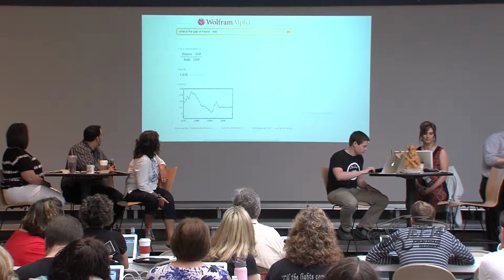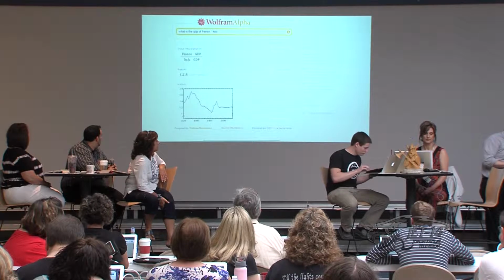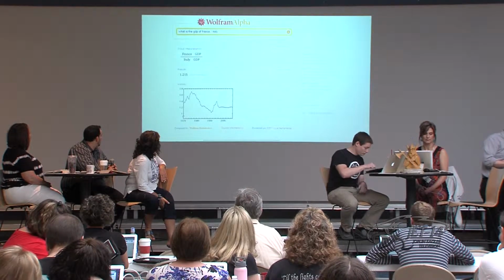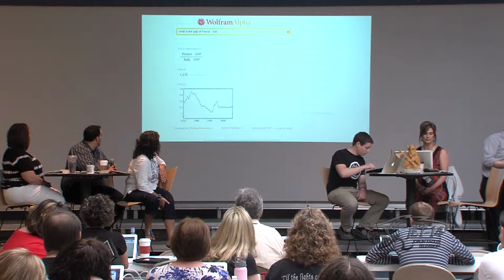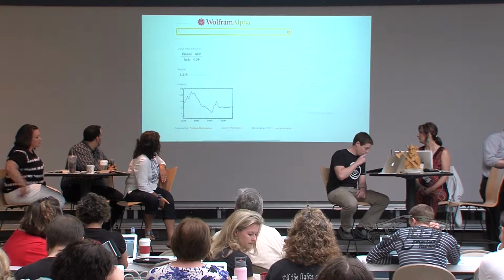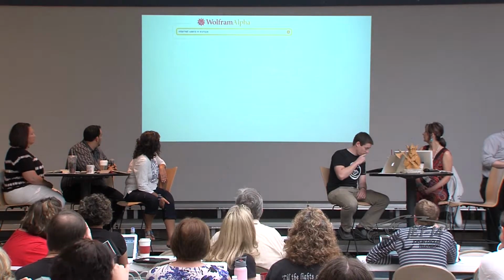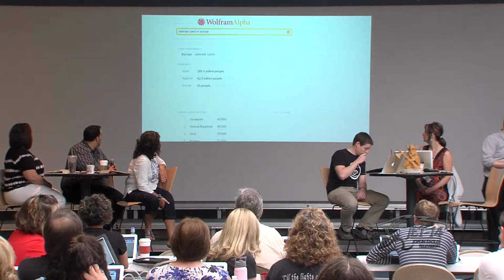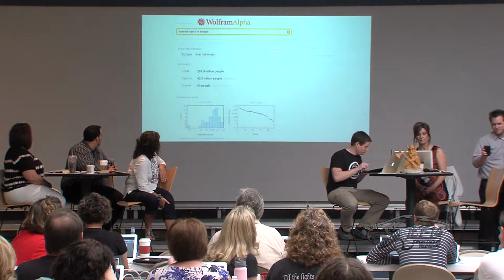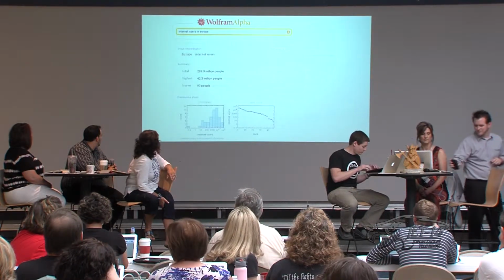And so can Wolfram Alpha, and it gives us the result. But this is really making use of the fact that the data in Wolfram Alpha is organized so that it can actually be computed with. Okay, let's try something different. How about internet users in Europe? Now Wolfram Alpha is going to take what it knows and summarize it for us with a table and some graphs and so on. All right, how about some geography?